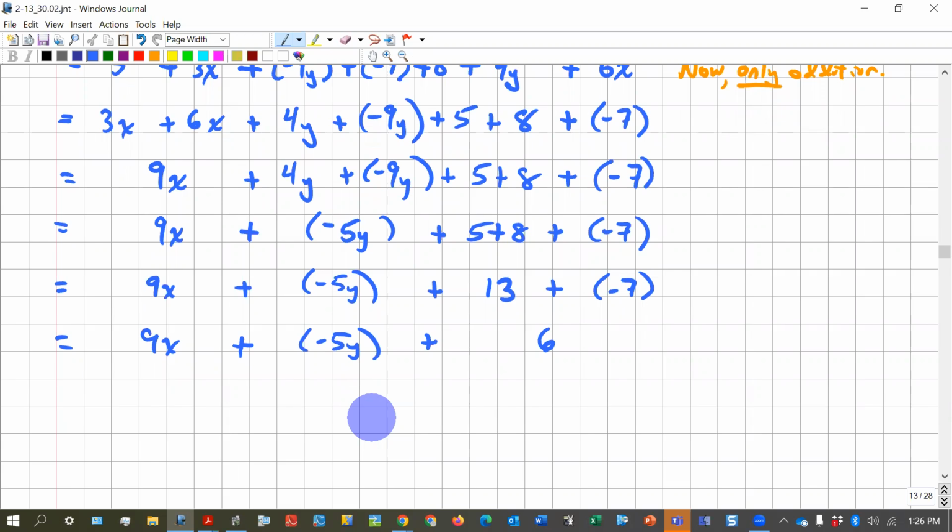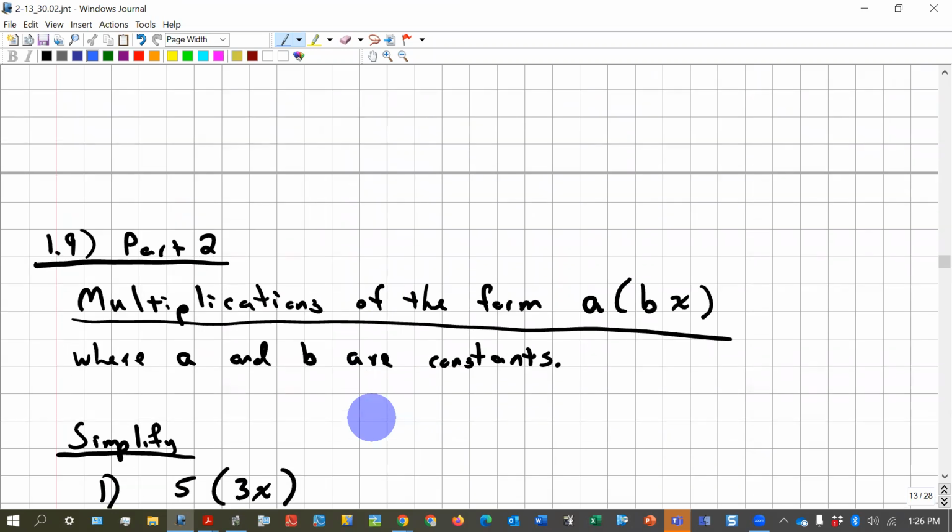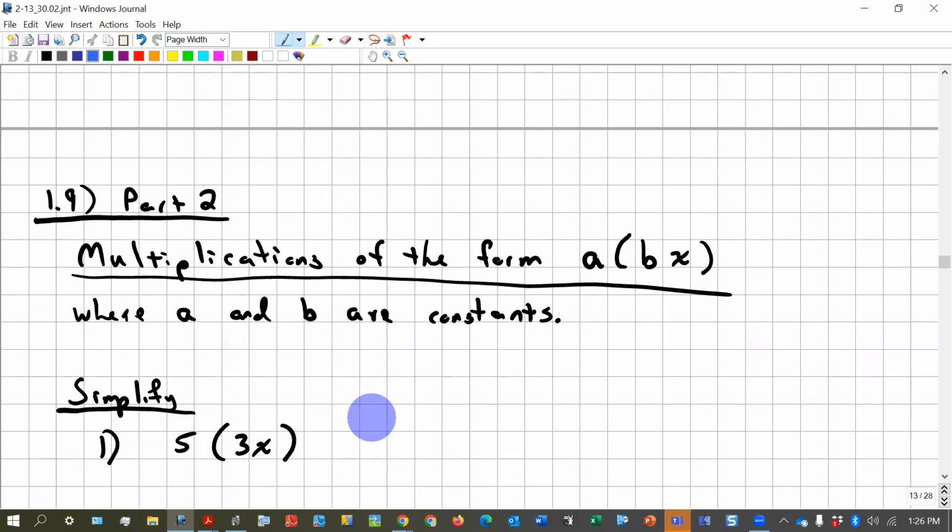There are 3 types of multiplication that we are going to see in section 1.9. The first type is where you have a number being multiplied by a set of parentheses. And inside the parentheses, you have a number times a variable.